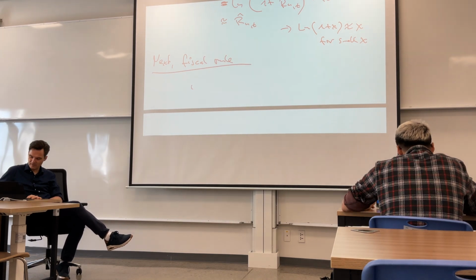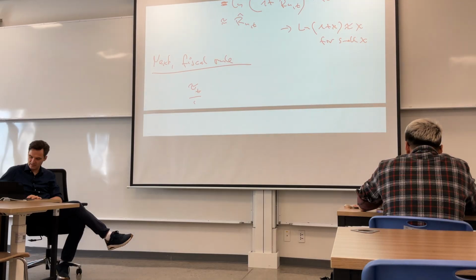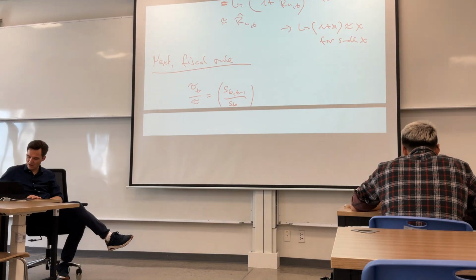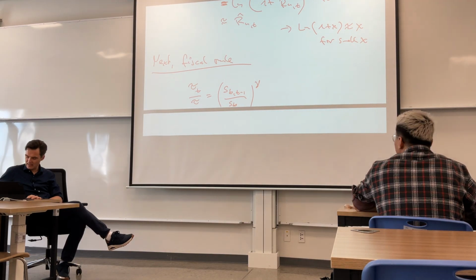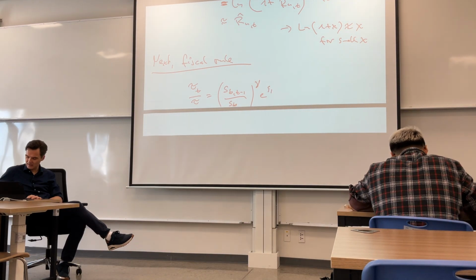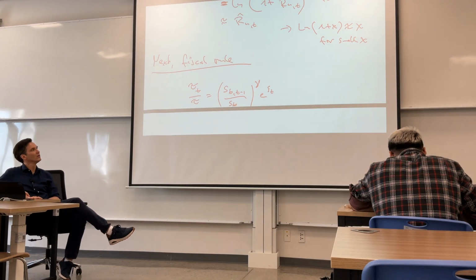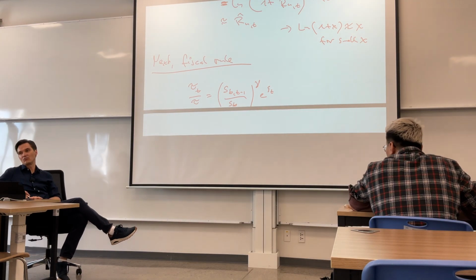There we have τ_t divided by τ is equal to S_{B,t-1} over S_B, all raised to the power of γ, and then e to the ζ_t. That's the fiscal rule. Just copying that rule.